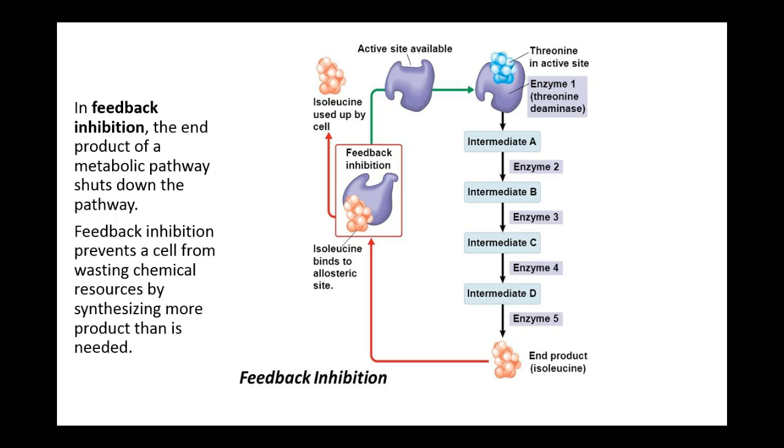Then you get the salmon-colored groups of balls, the isoleucine. That then binds into an allosteric site, another site. It doesn't bind into the active site, but another site, and then changes the active site. So the end product regulates how much of the end product is made. Now, if the body uses up the end product, then all of this is going to go forward again.